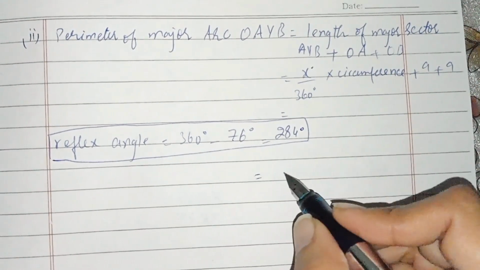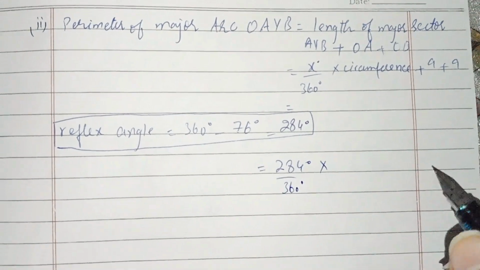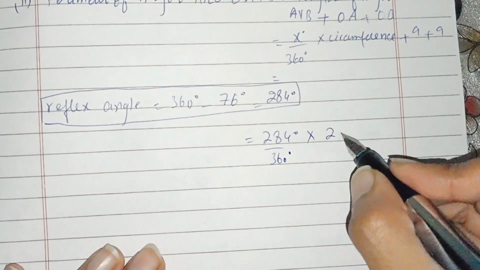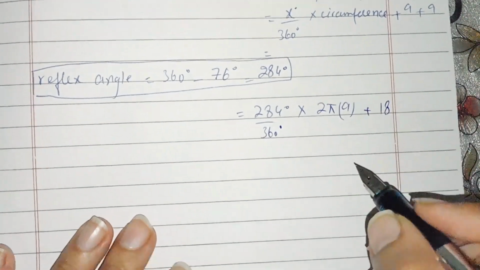Now we have to put the values in it. 284 over 360 degree, circumference is 2 pi, and r is 9. 9 plus 9 is 18.